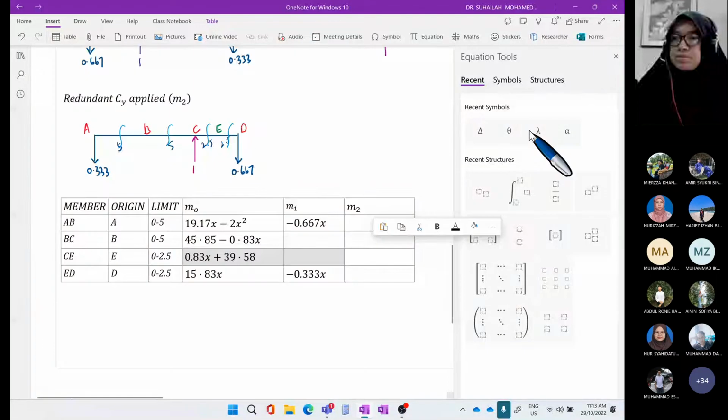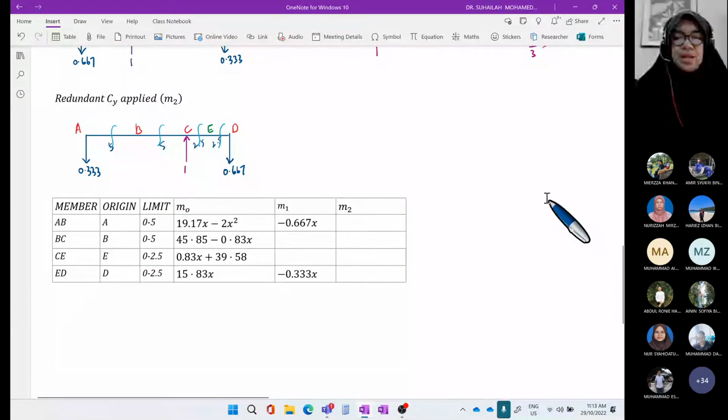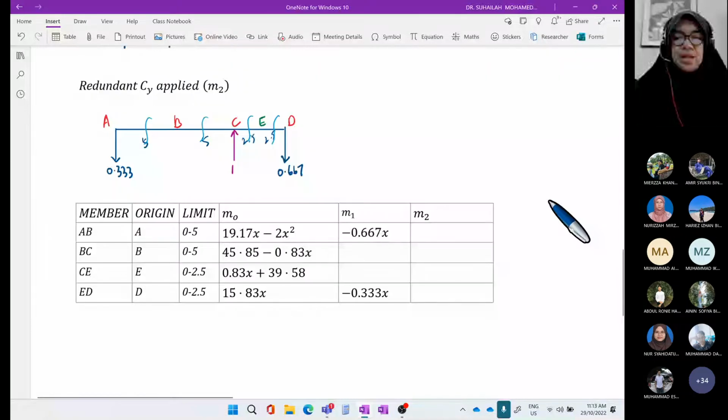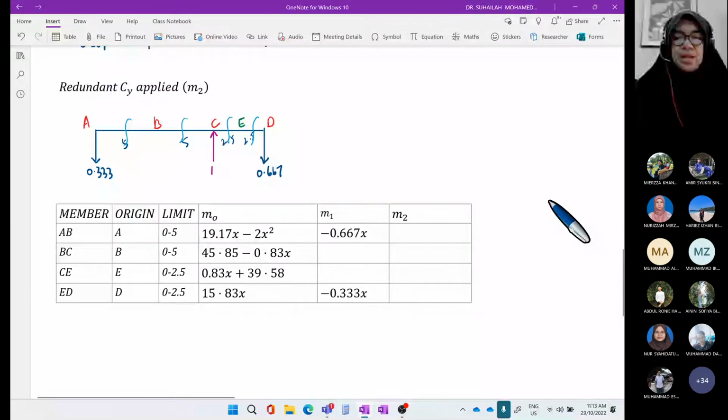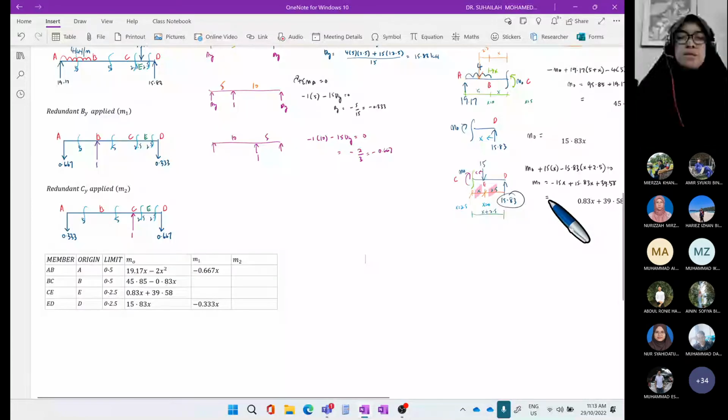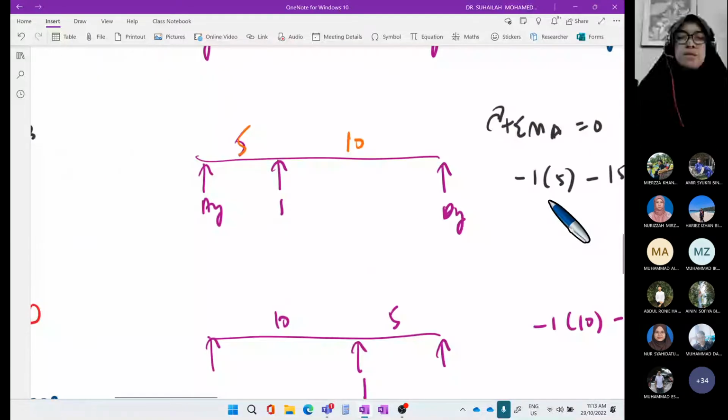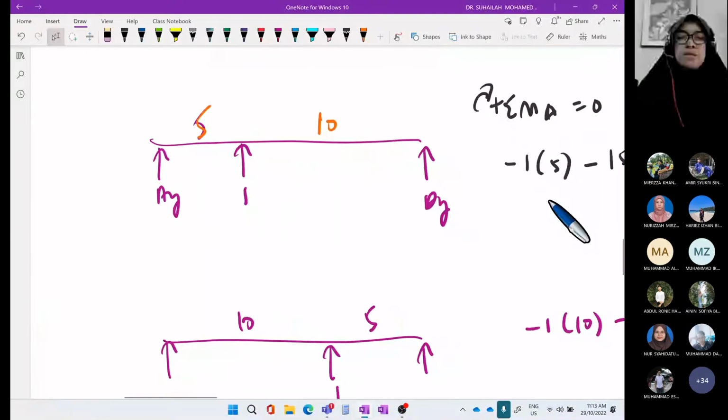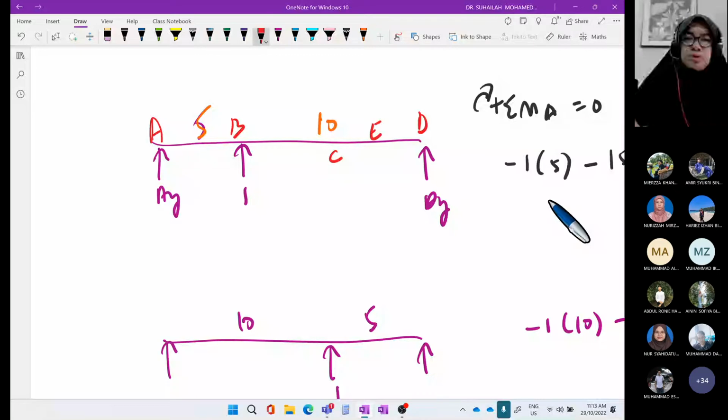Okay. And we need to write the moment equation for BC and CE by taking origin B and origin E respectively. So this one. A, B, C, D, E. So we have BC, origin B, X kat sini.